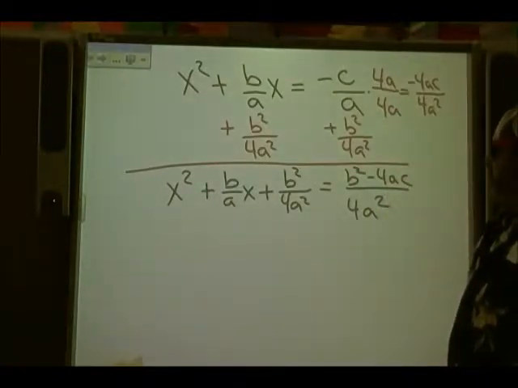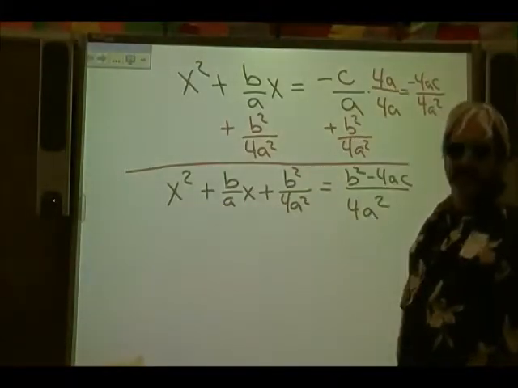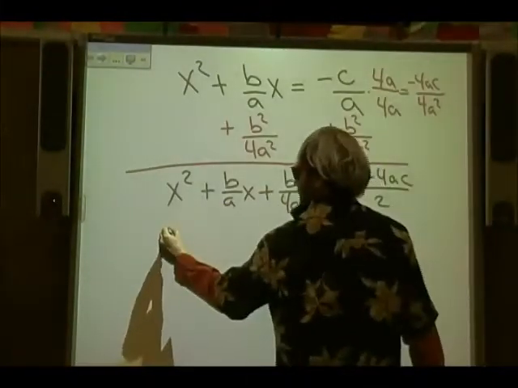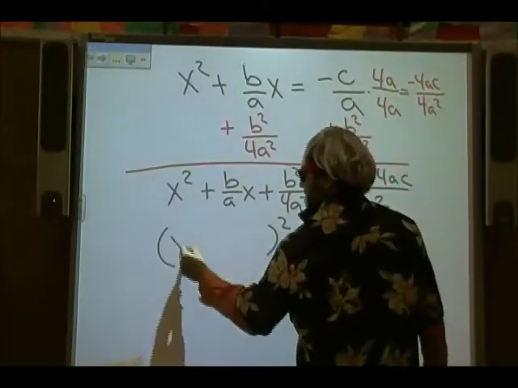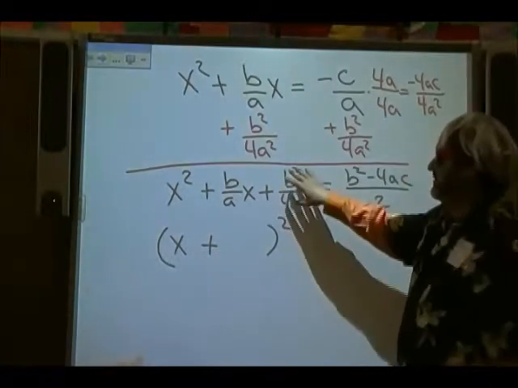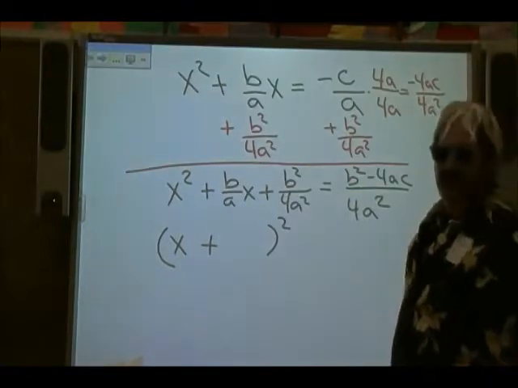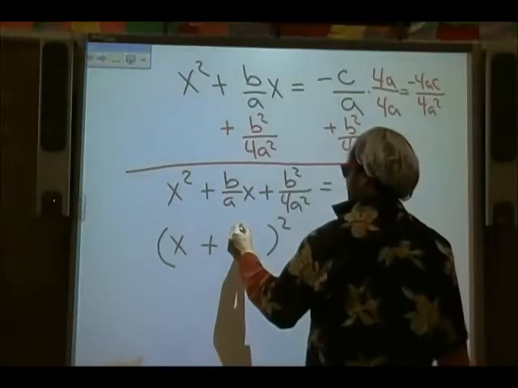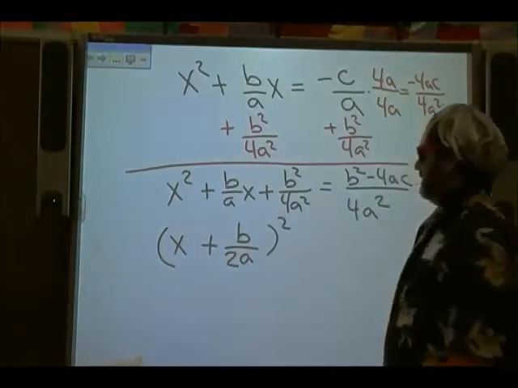Now, so far so good. Let us make this into a binomial. To square it, we're going to do this. Well, I know the square root to get the x squared is x. And to get this, you take the square root of this, and then when you double it, you're going to get that. So it is really b over 2a.